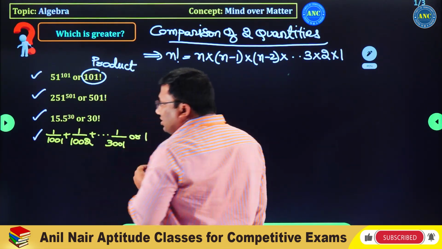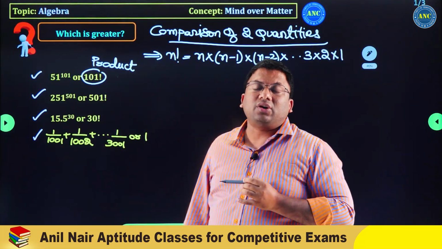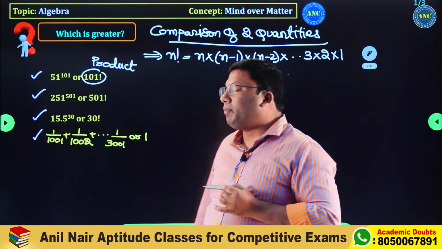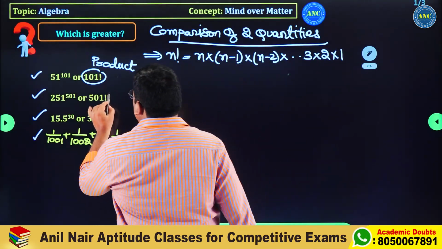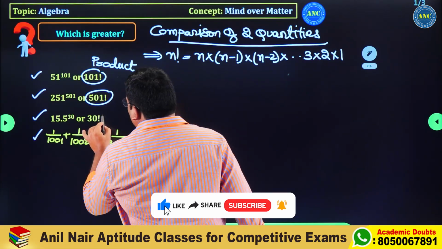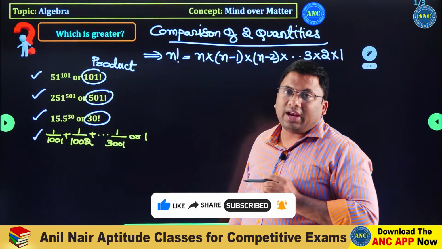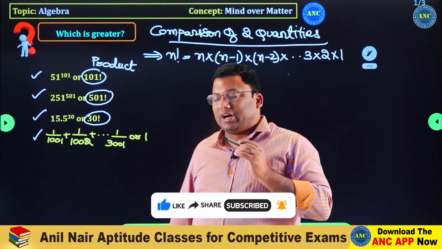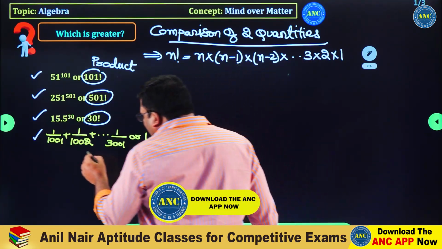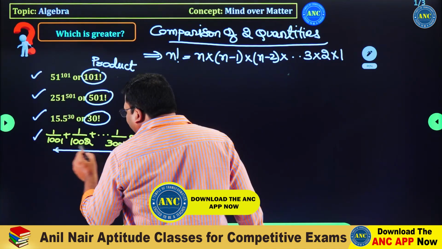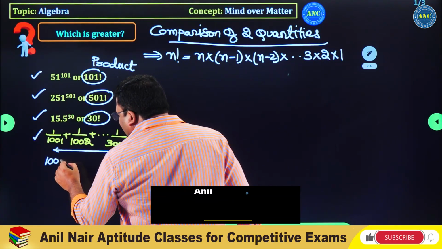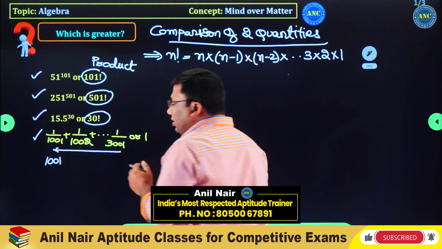If you observe the second question also, 501 factorial is the product of all the natural numbers from 1 to 501. 30 factorial is also the product of all the natural numbers from 1 to 30. Now the reciprocal of 1001 is 1 by 1001.